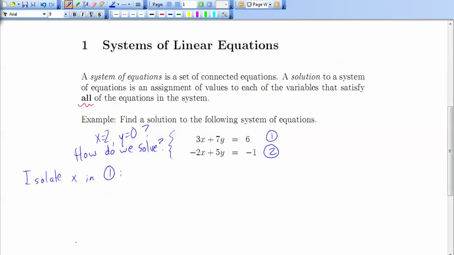What do I get from that? I'll get 3x is equal to negative 7y plus 6, dividing both sides by 3. I get this expression here. Now I'm going to come back to this equation later on, so I'm going to give it its own number. It's equation 3 now.